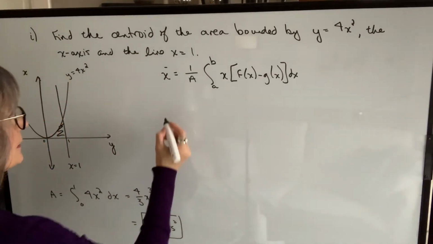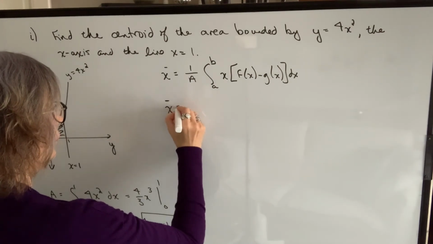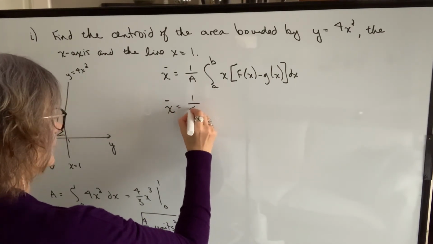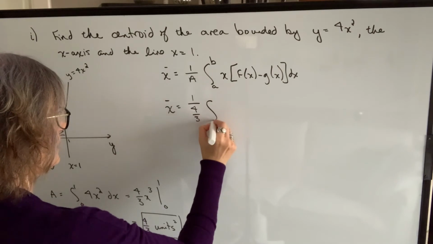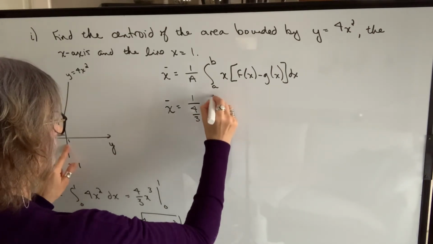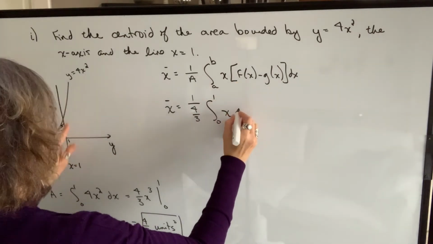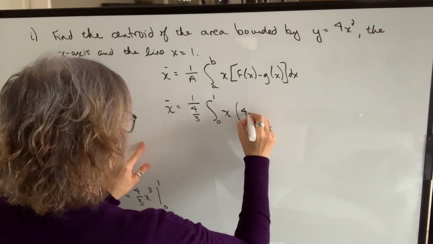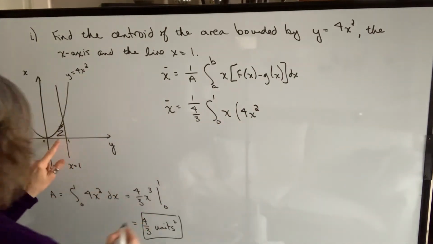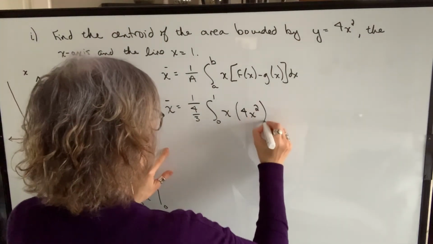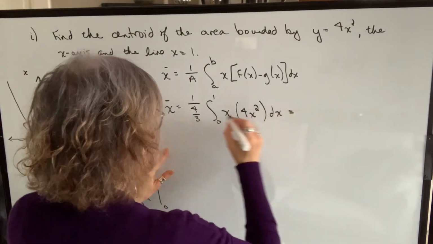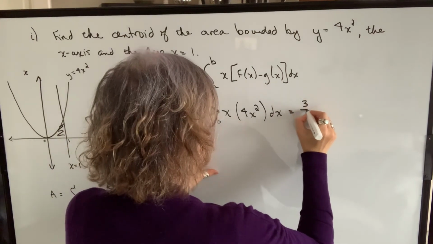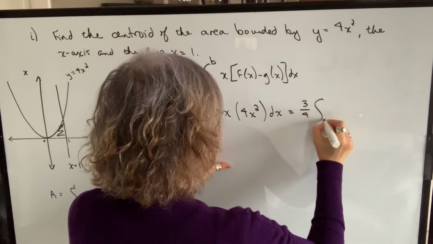I'm going to use that in my formula for finding the x-coordinate as well as the y-coordinate. So the x-coordinate will be equal to 1 over the area of 4/3 times the integral from 0 to 1 of x times f of x, that'll be the top curve, which is 4x squared, minus the bottom curve, which is 0, dx. 1 over 4/3 is 3/4 times the integral.